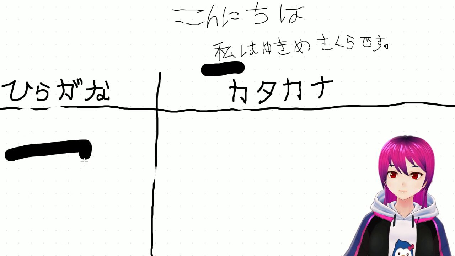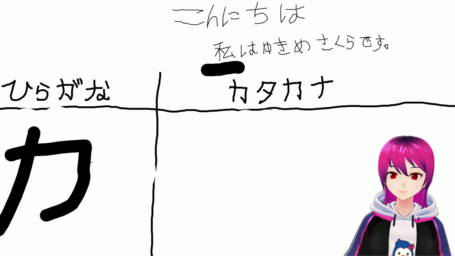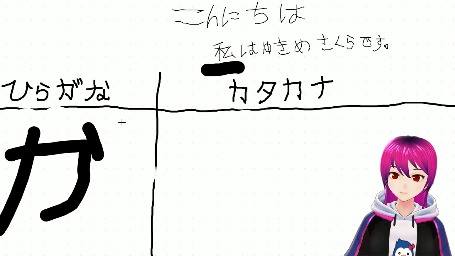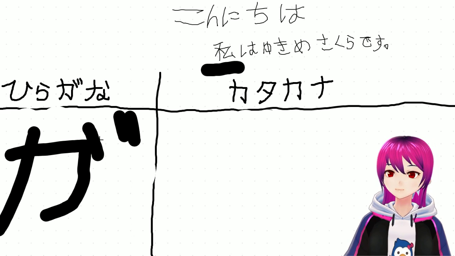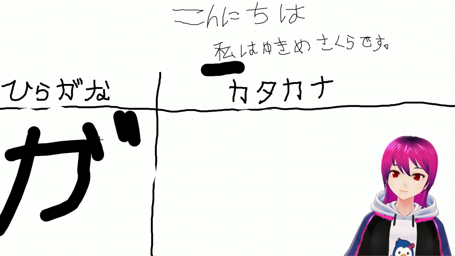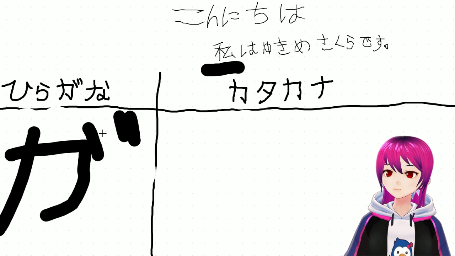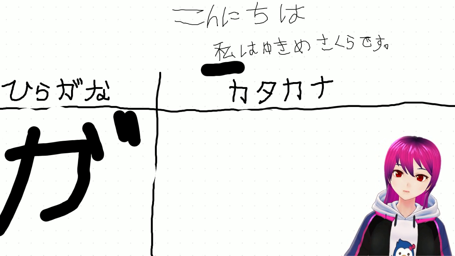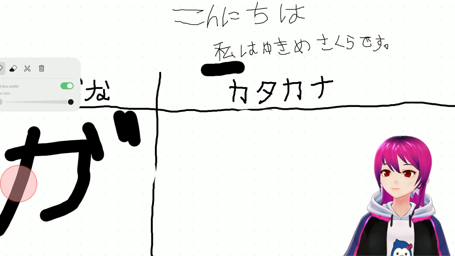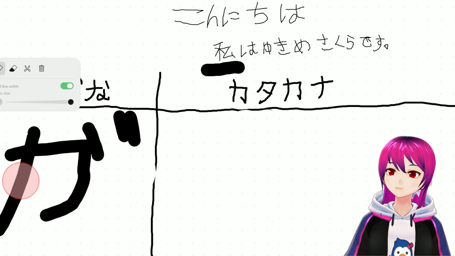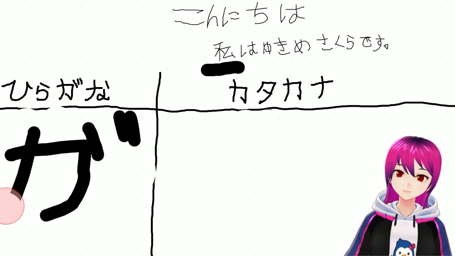For example, with ka, if we add a tenten, which looks like this, to the end of it, it softens this harsh K sound to a softer G sound. And it can be applied to the whole K series for ga, gi, gu, ge, and go.